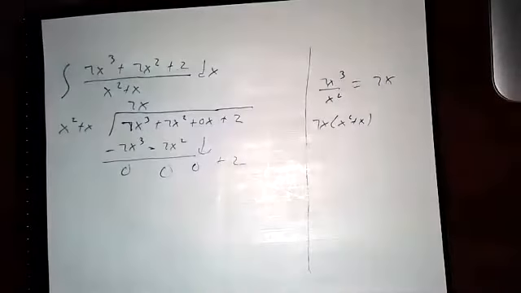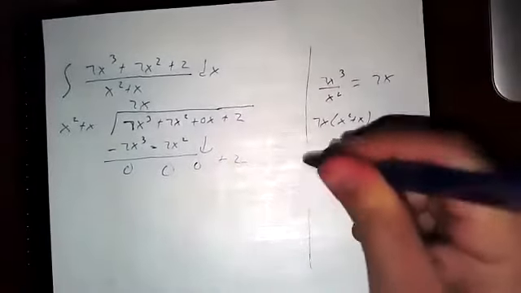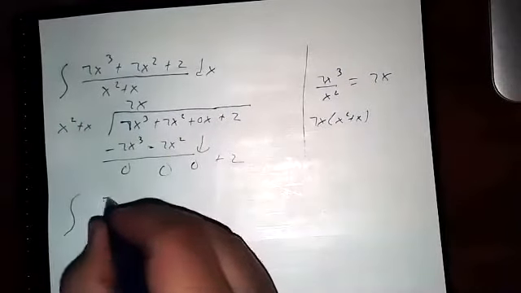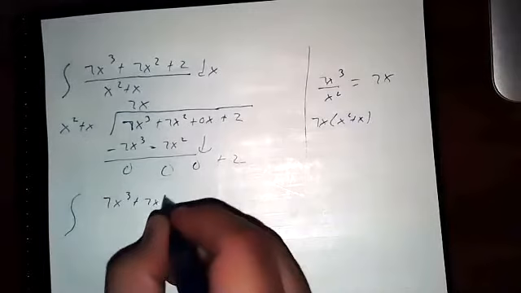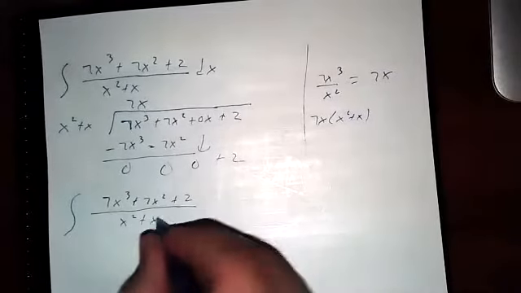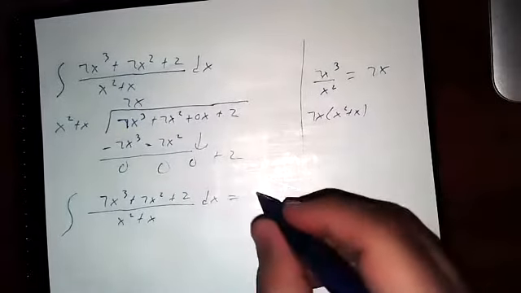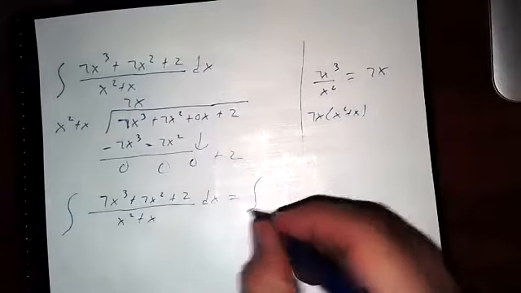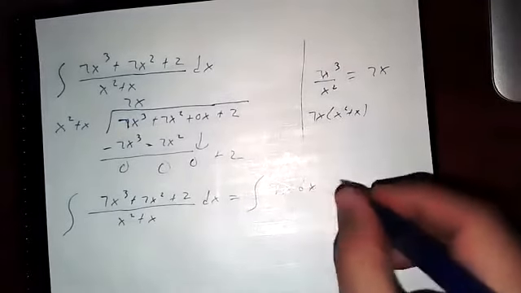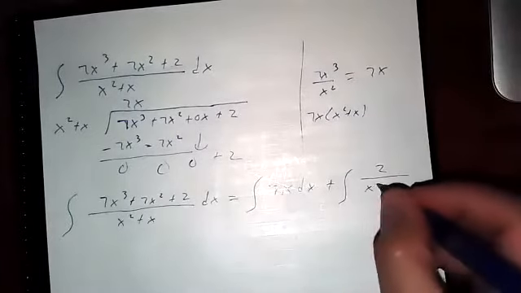Interesting. So this question here, I don't need this anymore. The integral of 7x cubed plus 7x squared plus 2 over x squared plus x dx is equal to the integral of 7x dx plus the integral of the remainder over the divisor.